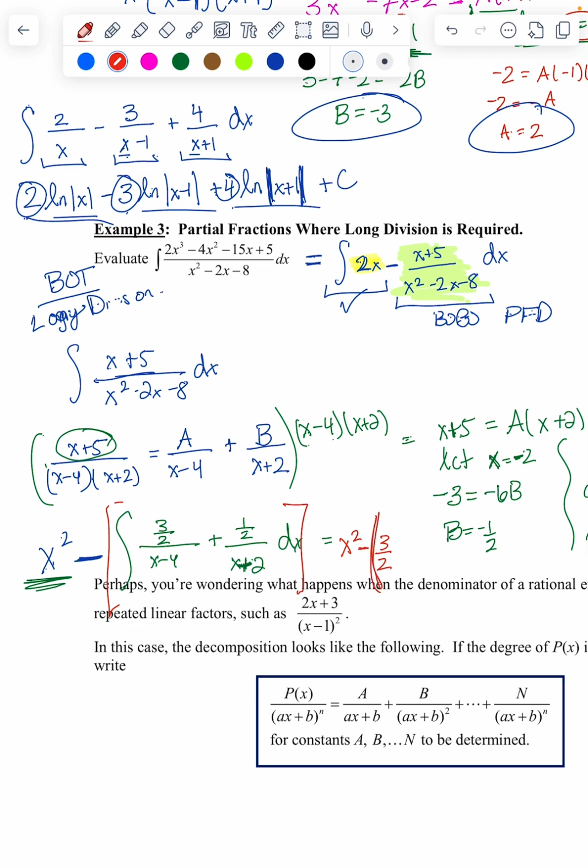So it's going to be minus 3/2 ln|x minus 4| plus 1/2 ln|x plus 2| plus C. Oh, that's a minus. Okay.